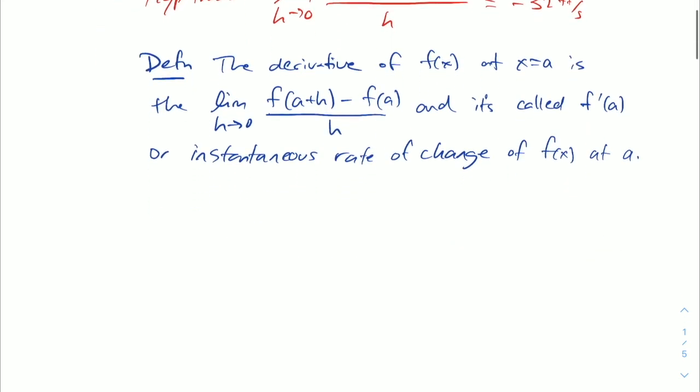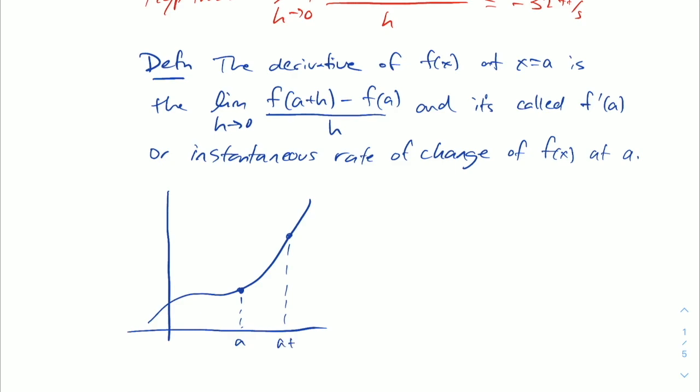So what is the derivative graphically? The average rate of change, you'll recall, is the slope of the secant line through 2 points. If we have a and then some a plus h where h is not 0, we have the corresponding outputs, f of a and f of a plus h. The average rate of change is the slope of this line.